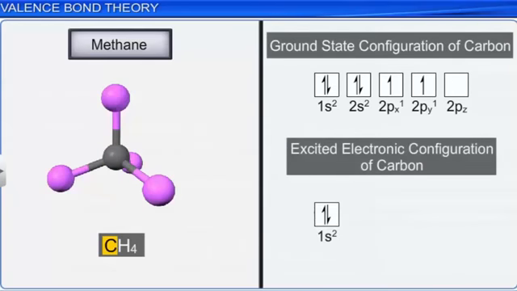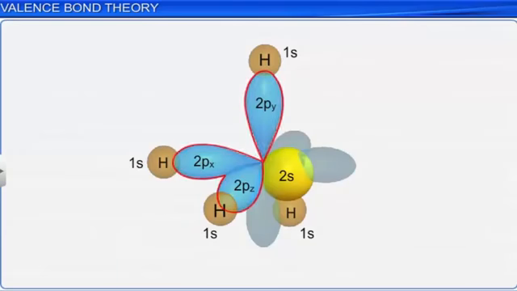The four atomic orbitals of carbon, each with an unpaired electron, overlap with four singly occupied 1s orbitals of the hydrogen atoms to form four C-H bonds. We know that p orbitals lie perpendicular to each other. Hence, the three C-H bonds in methane molecule are expected to be oriented at 90 degrees to one another.